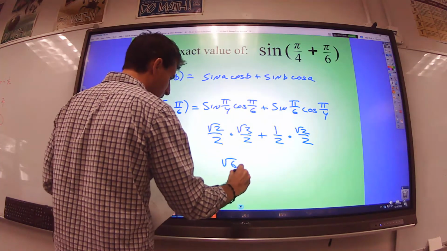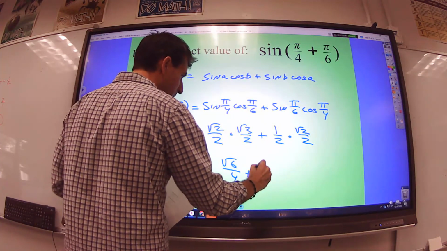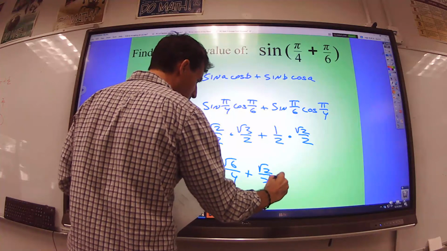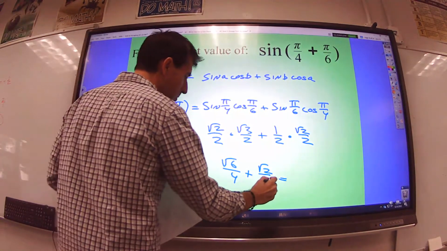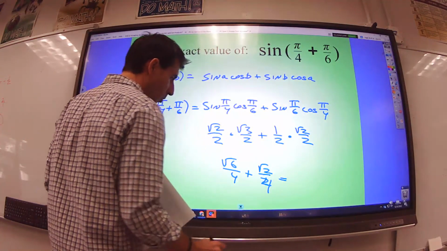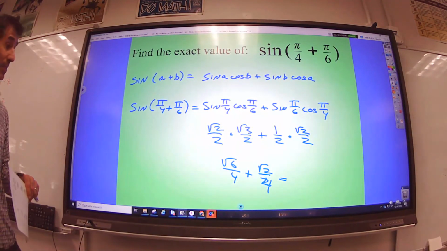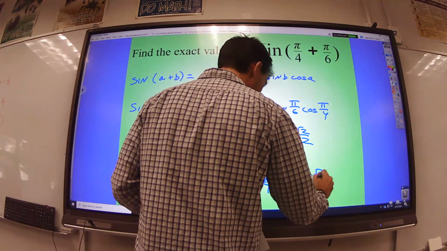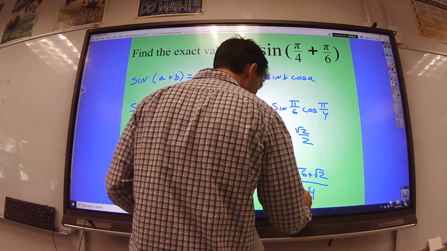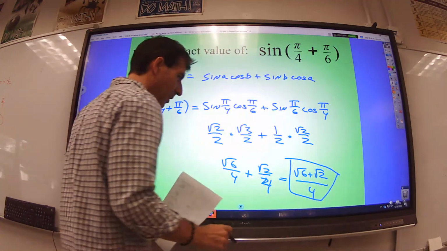Root 6 over 4 plus root 2 over 4, which equals root 6 plus root 2 over 4. And we just leave it like that because you cannot simplify it anymore.